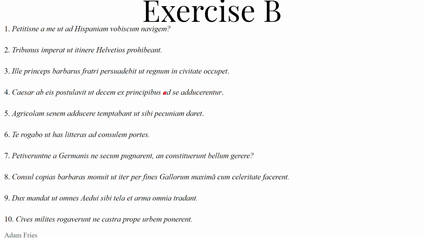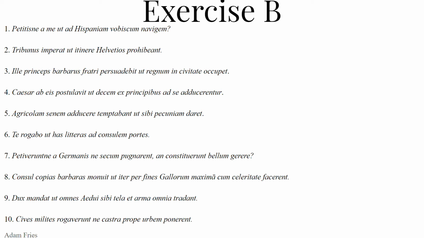Notice the ad is there, and it's also right there. Now, imperfect subjunctive because we are in secondary sequence. The main verb is perfect tense. Caesar demanded of them that 10 of the chieftains be led to him. Caesar demanded of them so that 10 of the chieftains might be led to him.